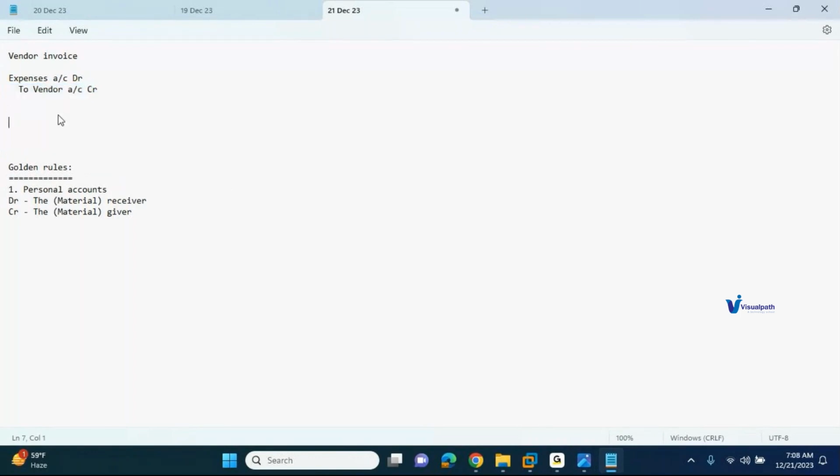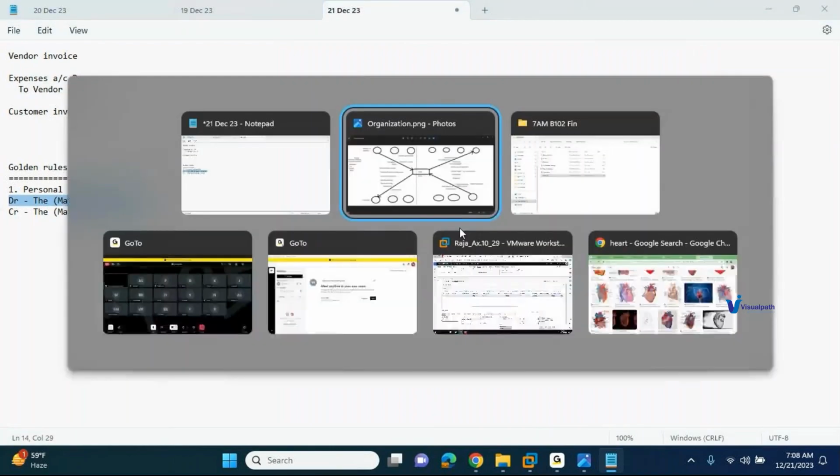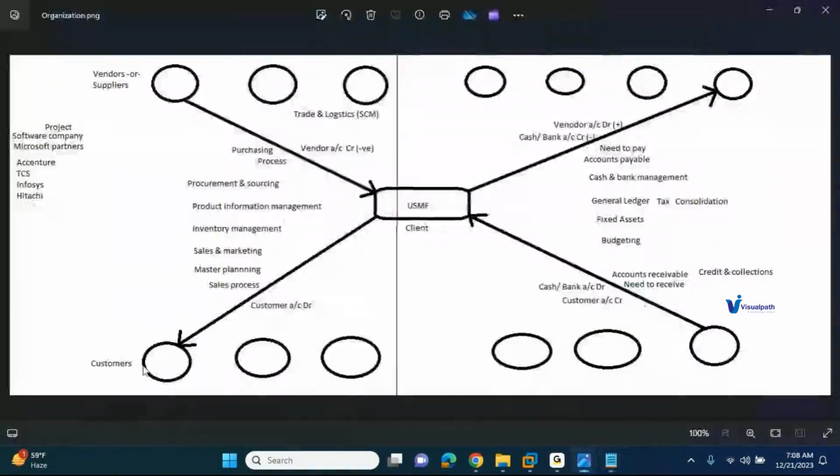At the time of customer invoice, the receiver: who is receiving? Customer is receiving from our company. As I told you, even though you are joining a software company, you need to imagine you are running a business.